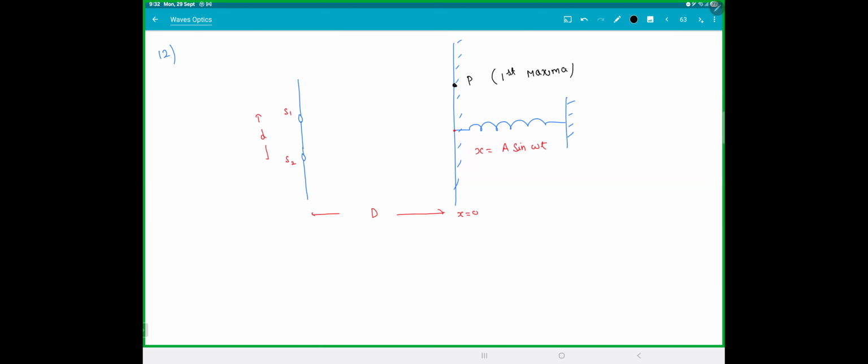Now, if the screen starts oscillating, the distance between the screen and the slits also will change. That means the position of the first maximum will keep changing. Find the velocity of point P. So P is not a fixed point. P is the position of first maxima. If the screen moves, the maxima's position also changes. Find the velocity of P at time t.